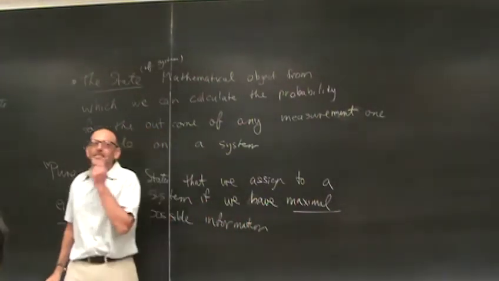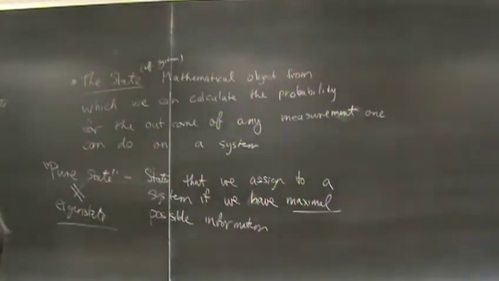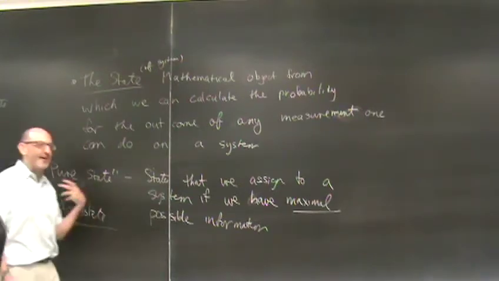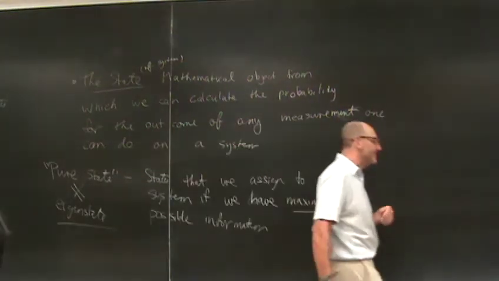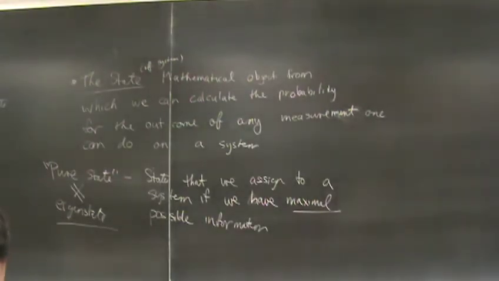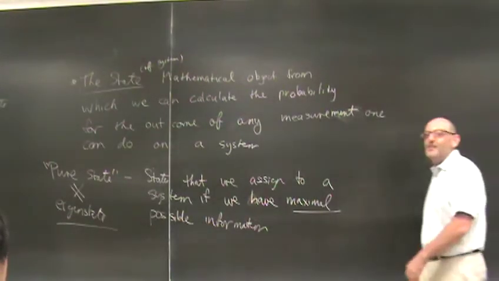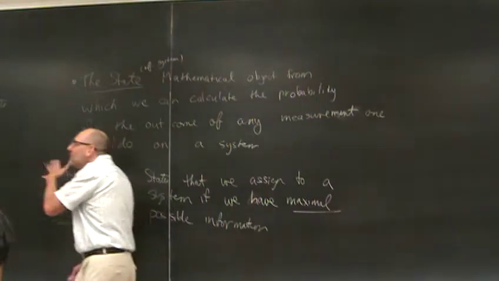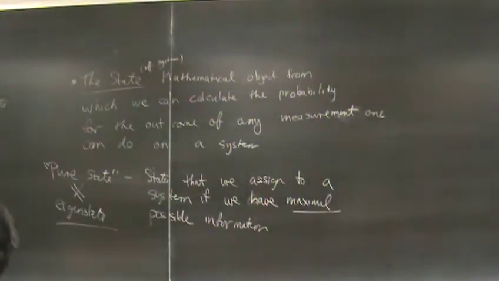This term, the word information, is going to keep popping up in our description of quantum theory, because in some sense these postulates really are, there's very little physics at the moment that I'm talking about. You don't have to know any physics. Anything on this board, where the heck is the physics?